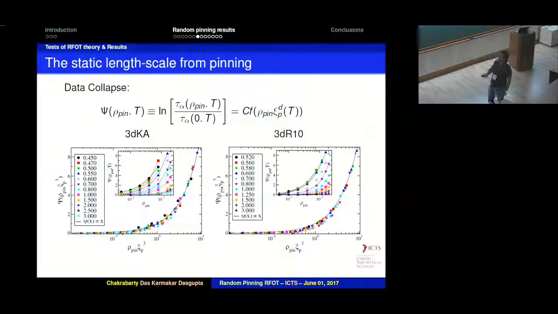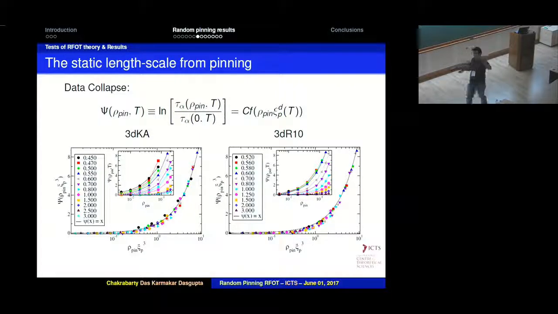So the next thing we look at is whether this construction of random pinning can be useful in any way. One thing that can be done is that the relaxation time when you introduce pinning and the relaxation time for the unpinned system can be collapsed by this functional form, where you have a length scale which is a function of temperature and not a function of pinning, and the pinning is just multiplying that.